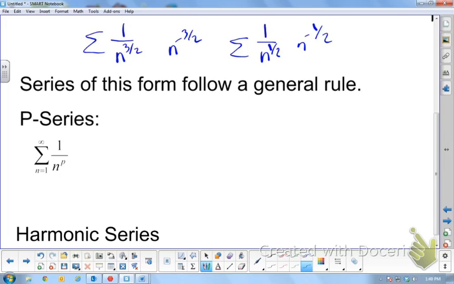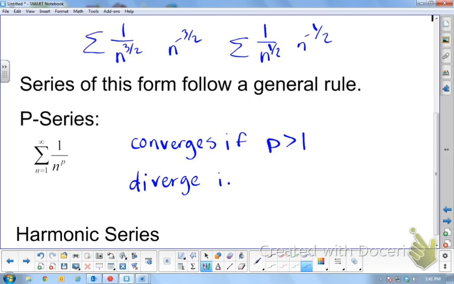So the rule is we converge if p is bigger than 1, and we diverge if p is less than or equal to 1.